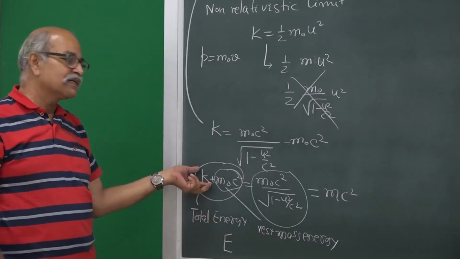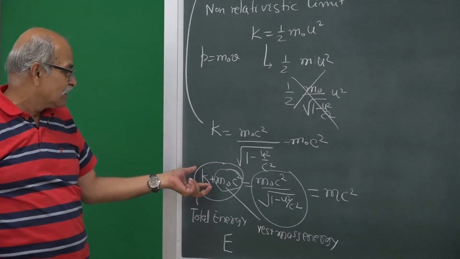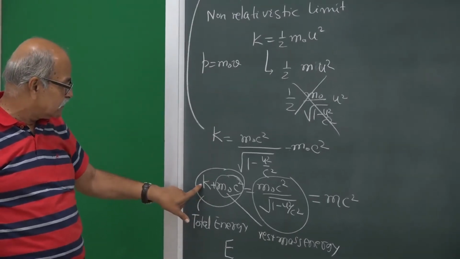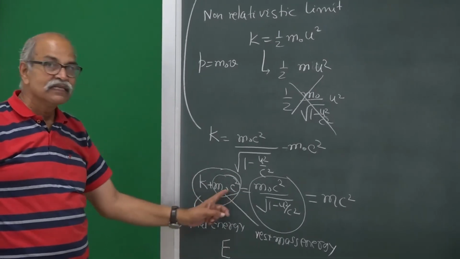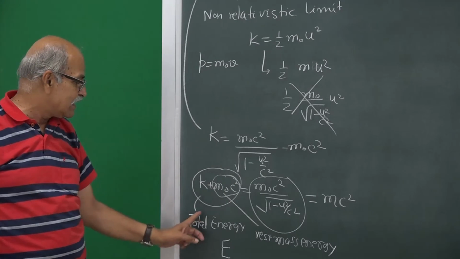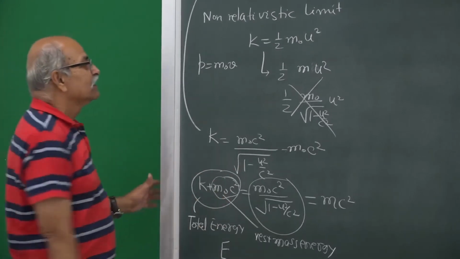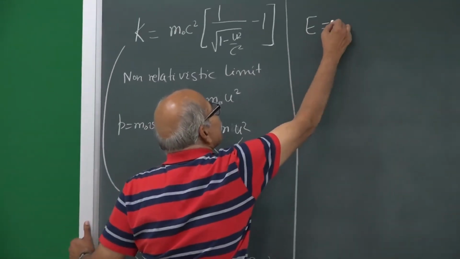Capital K is kinetic energy that we have derived. So, we are not defining it as such, we have derived this is the expression, and then kinetic energy plus rest mass energy, K plus m naught c square, this we are defining as total energy E, and then this expression is written as E equal to mc square.